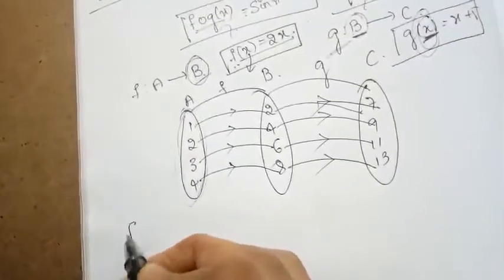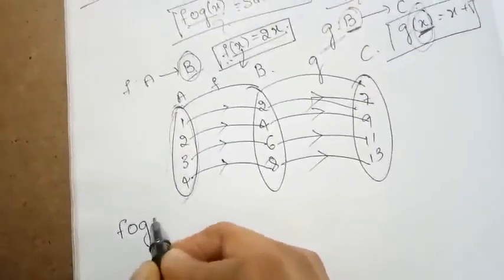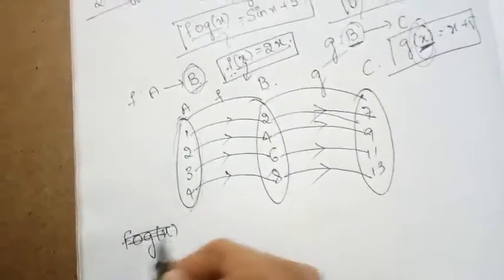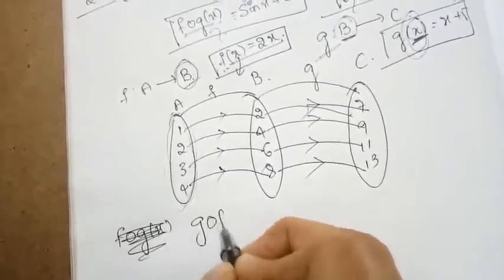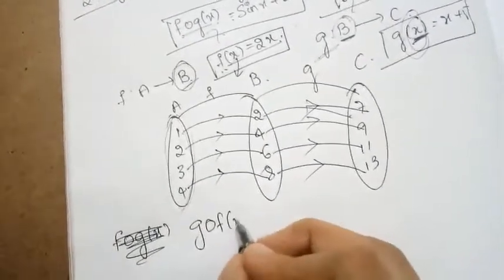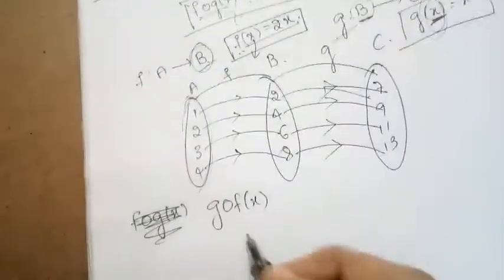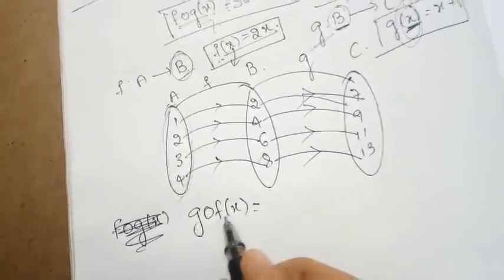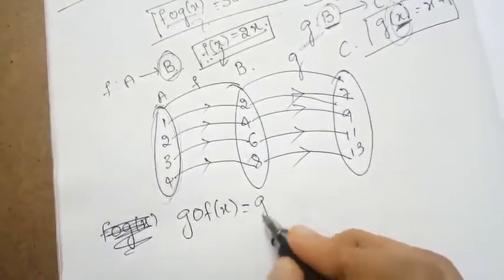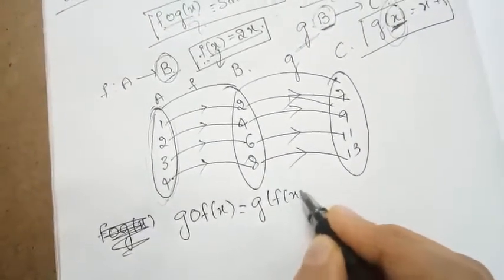Now I define a new function, g of f of x, sorry, the GOF function, g of f of x. So what is this g of f of x? I have already said how it will be defined. G of f, GOF, is nothing but g of f of x.